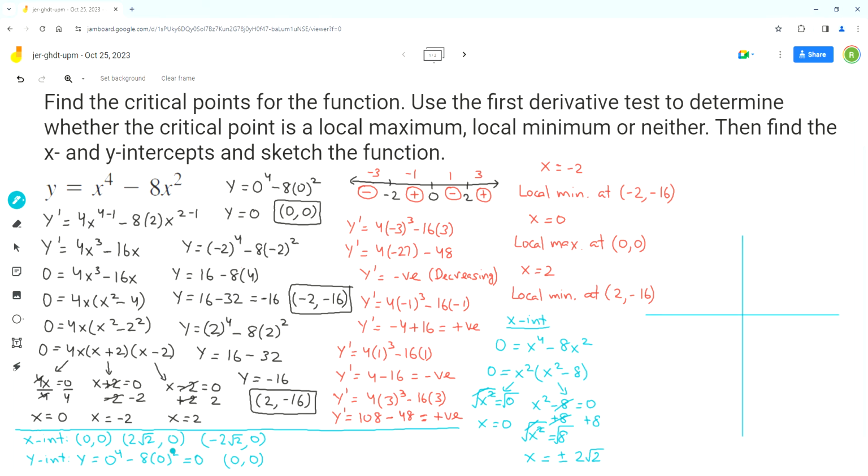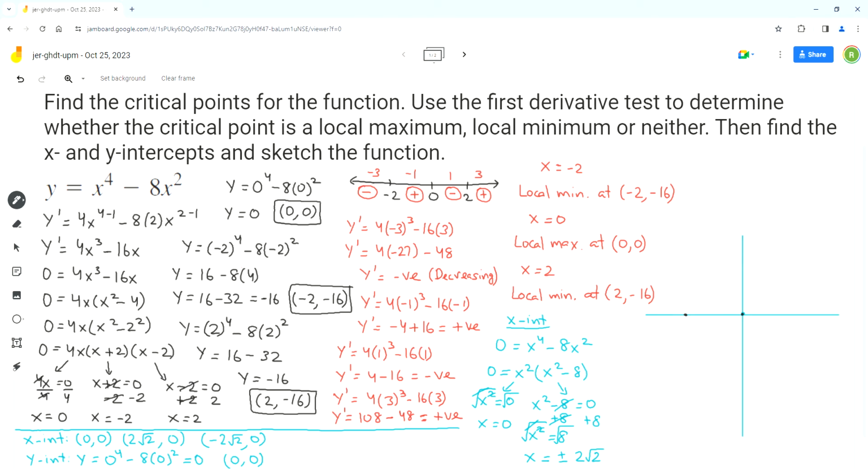So first we should plot the critical points. So the critical points are 0, 0. So that's the origin here. So I can use a different color. So the first critical point is here, the origin. The second critical point is negative 2, negative 16. So let's assume negative 2 is here.